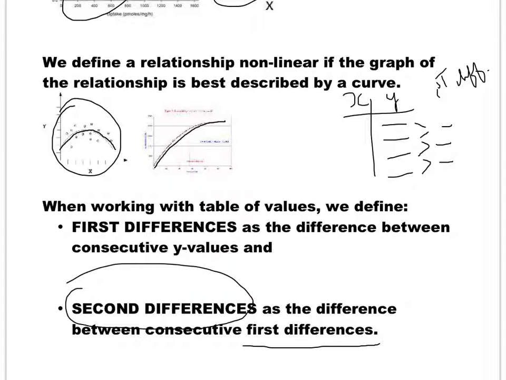This is called the second differences. You may ask why we need the second differences. Based on the second differences and the first differences, I can define the relationship without even graphing. Just by looking at the table of values, first differences, and second differences, I can tell you if this is a linear relation or a nonlinear relationship.